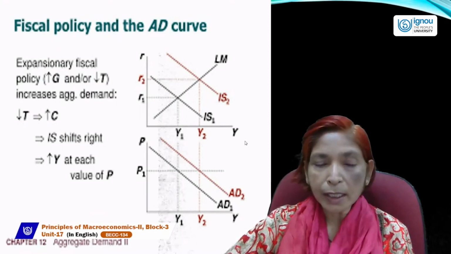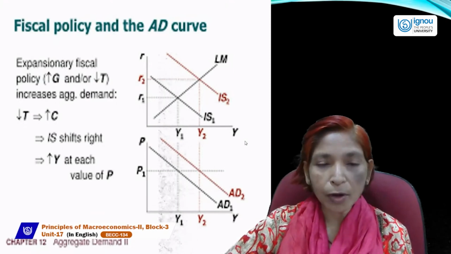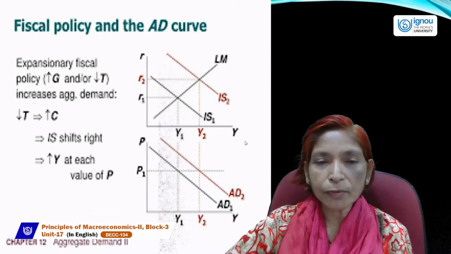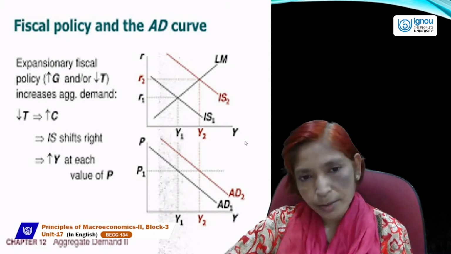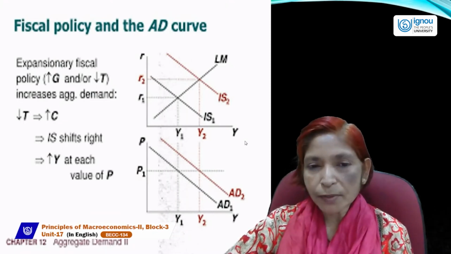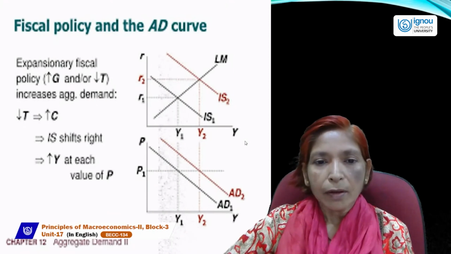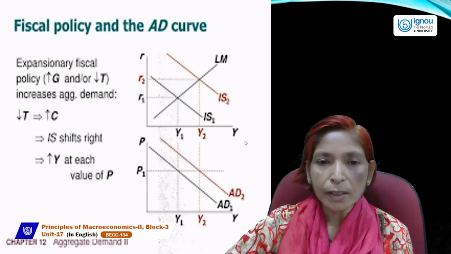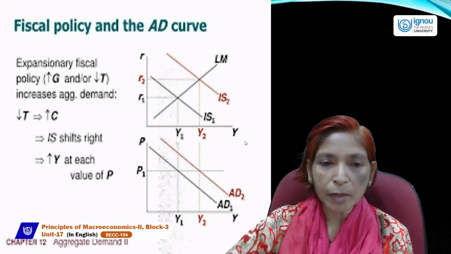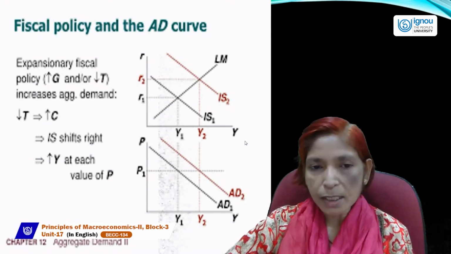Due to following the policy of expansionary fiscal policy, the IS curve will shift to the right hand side. When the IS curve shifts to the right, this IS2 curve intersects the LM curve at another point.